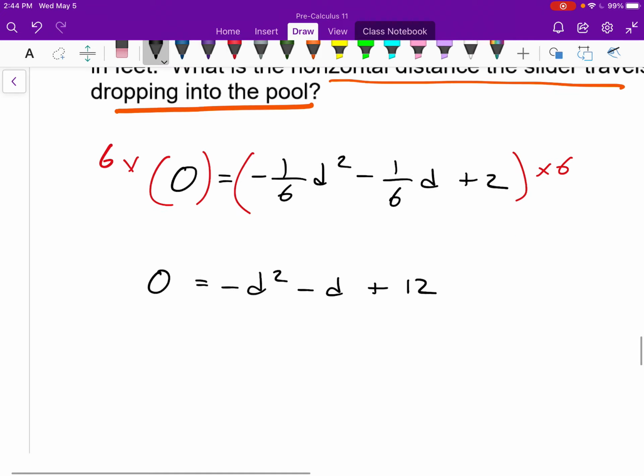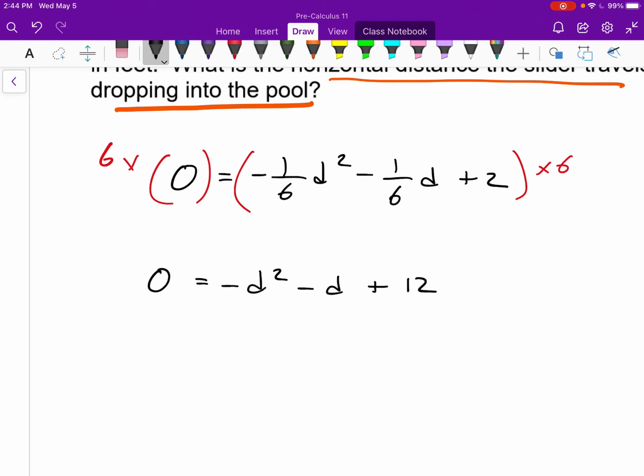While I can definitely work with this, I'd rather have a positive in front of the d² term, not a negative. I can take care of that by going back a step, and instead of multiplying by 6, let's multiply each by -6.